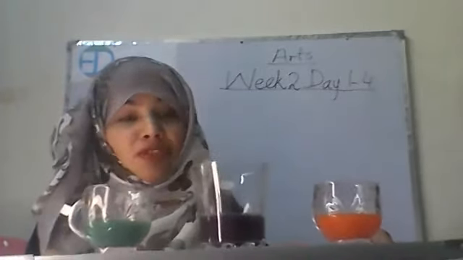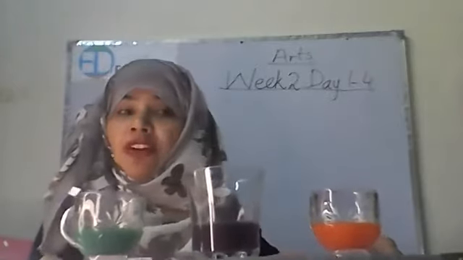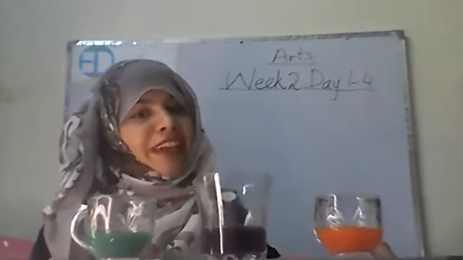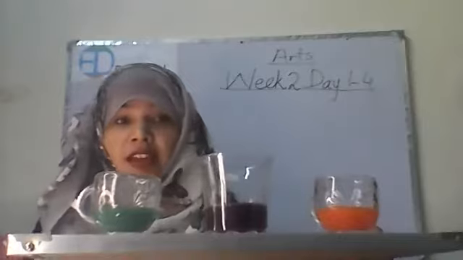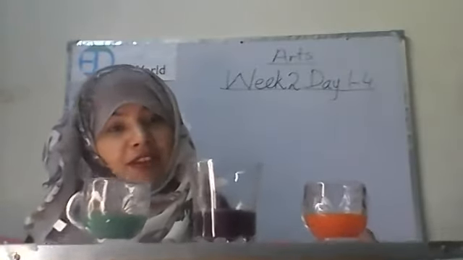Green color is the mixture of yellow and blue. Orange color is the mixture of yellow and red. So we are done with our secondary colors. Intro of secondary colors and how we are gonna do the secondary colors.